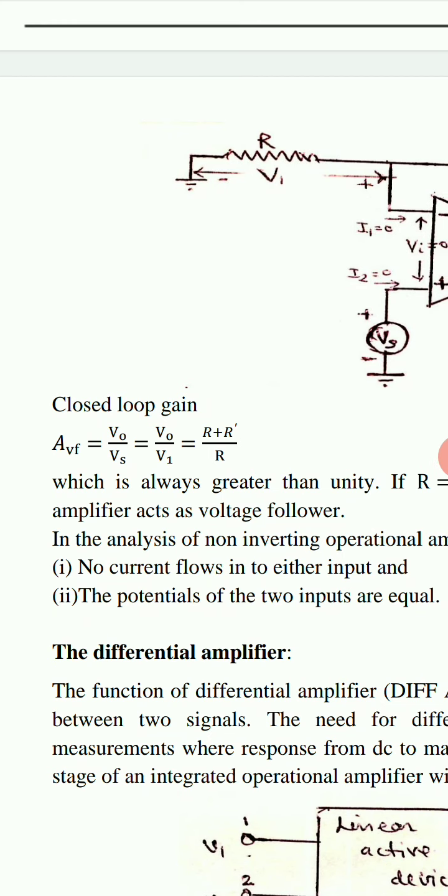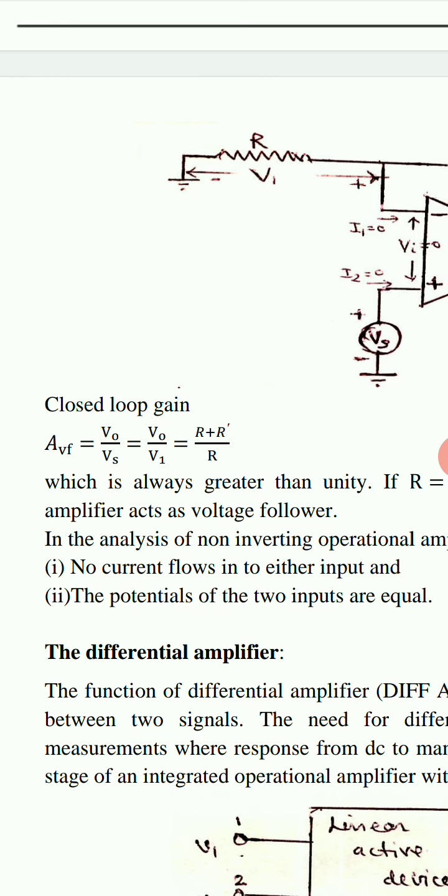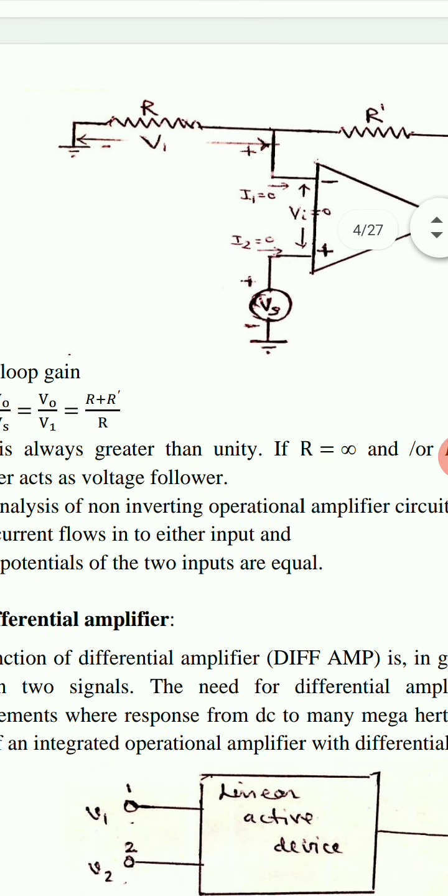This closed loop gain AVF is always greater than unity.